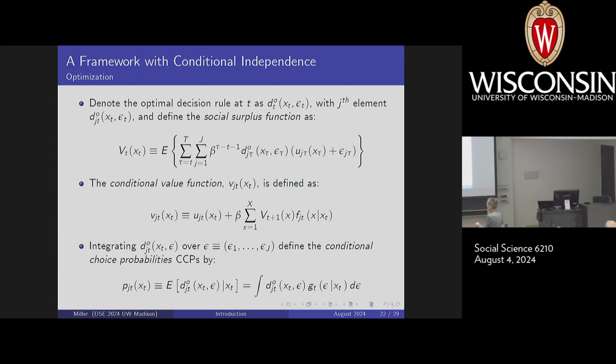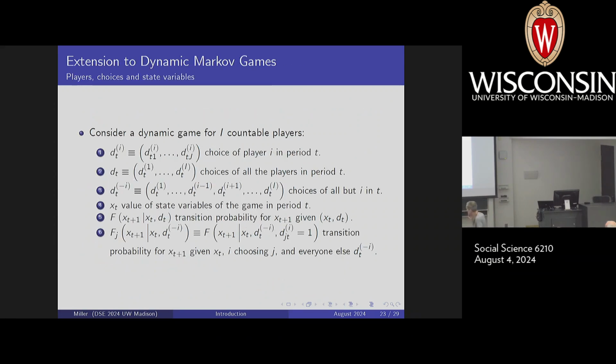Now we can integrate over what you might do, since we don't know what you're going to do yet, and that will give you a conditional choice probability. We're going to come back to that. We can extend this, push this out. This is something that Victor's going to elaborate on further tomorrow, I think.